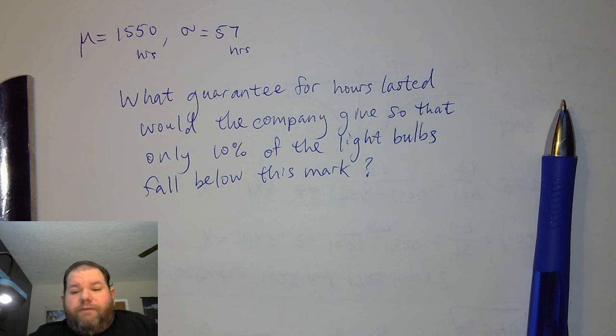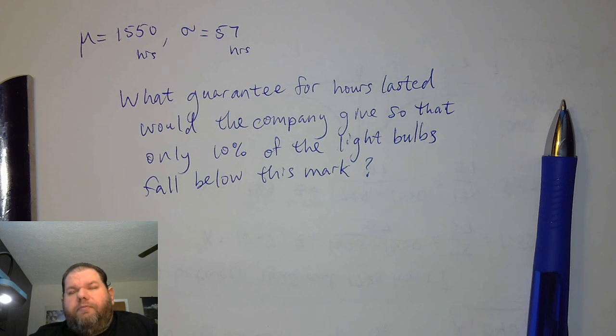No, they said 1,500 in their PR, but we already found in problem 42A that 19% of the light bulbs still stop working before that 1,500 hour mark on average. So what if we wanted to reduce that to 10%? How many hours would we have to say the light bulbs would last at minimum in order for that to be true? Only 10% would fall below that level.